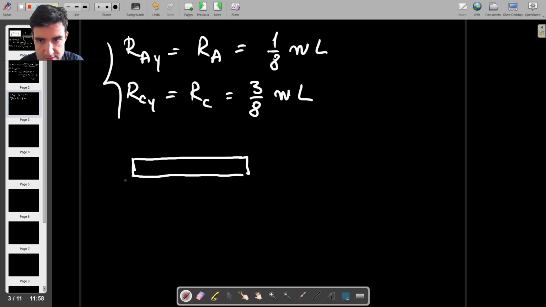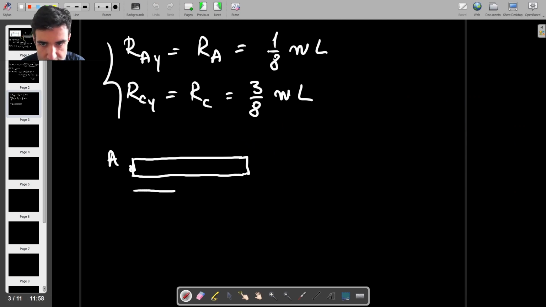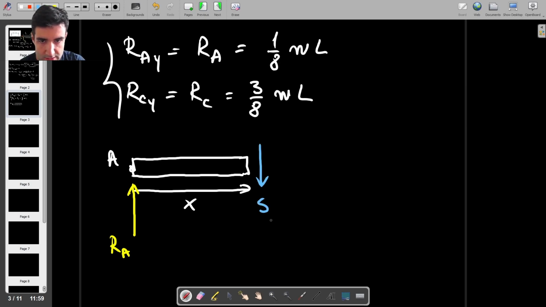So this is as usual point A. And I'm going to create sort of an imaginary cut somewhere, let's say here, and that length is going to be called X. And then we have a reaction force here, so we have an RA. And then we have a shear force here, and we also have a bending moment like this.